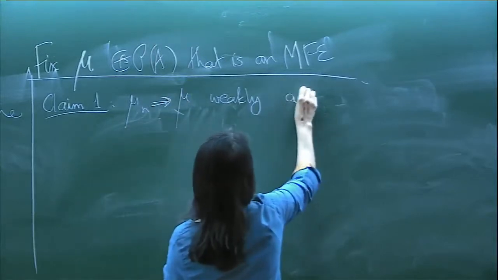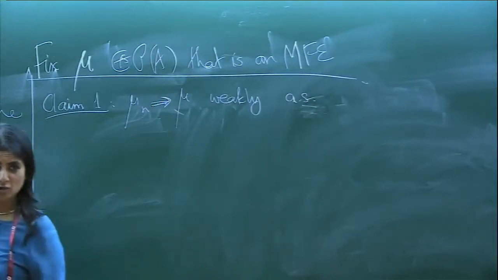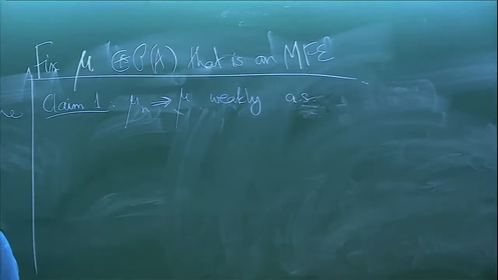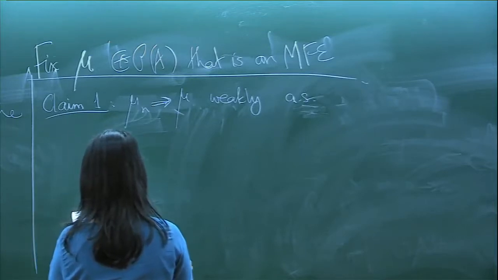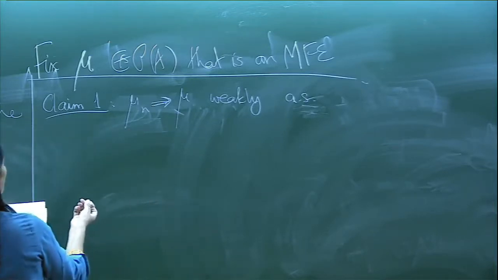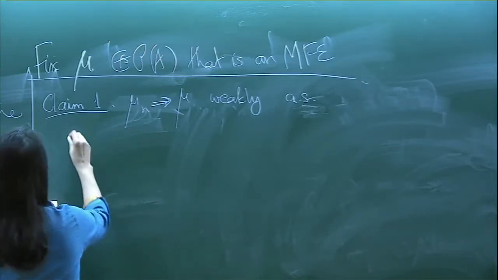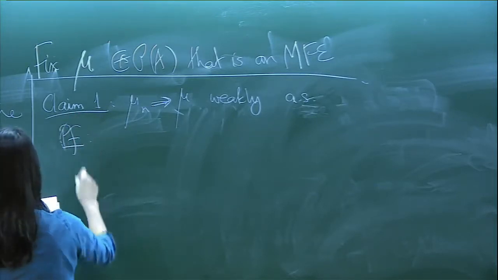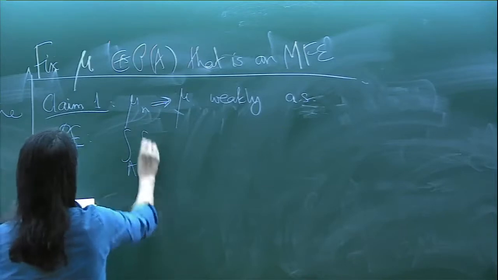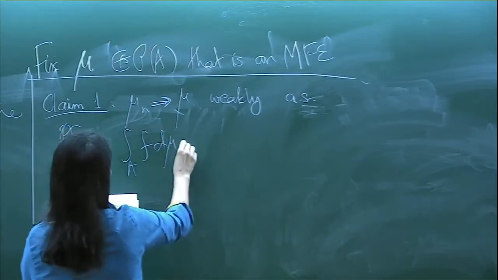These are, of course, random measures, but almost surely they will converge by the law of large numbers. There's a small thing that I'm using here. Just to be clear, you know that the integral of f d mu n is simply this.